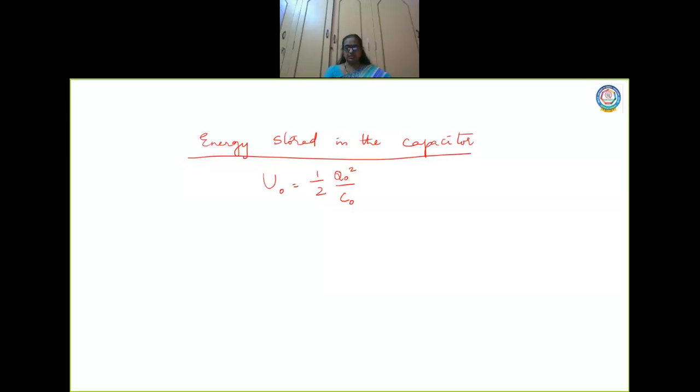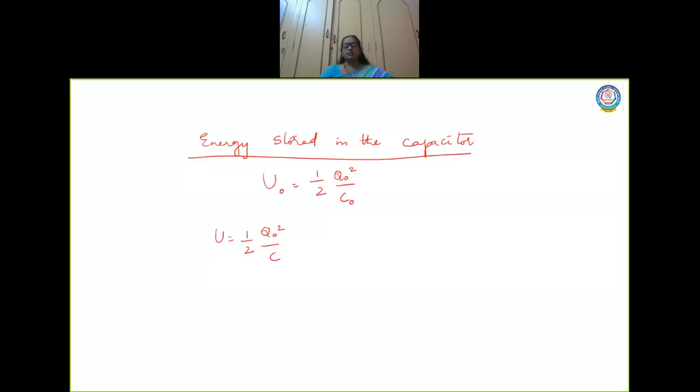How that energy is going to be decreased, we are going to see. Again take the formula, U is equal to half into Q naught square by C. This is the energy when the plates of the capacitor are kept between a dielectric.